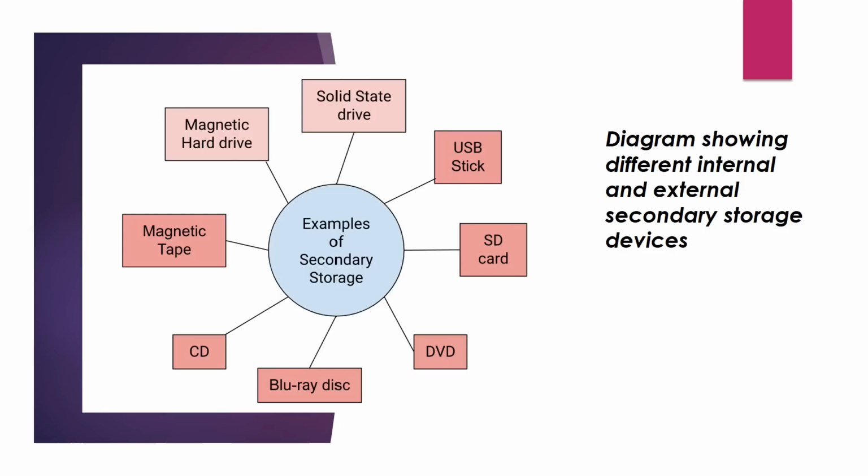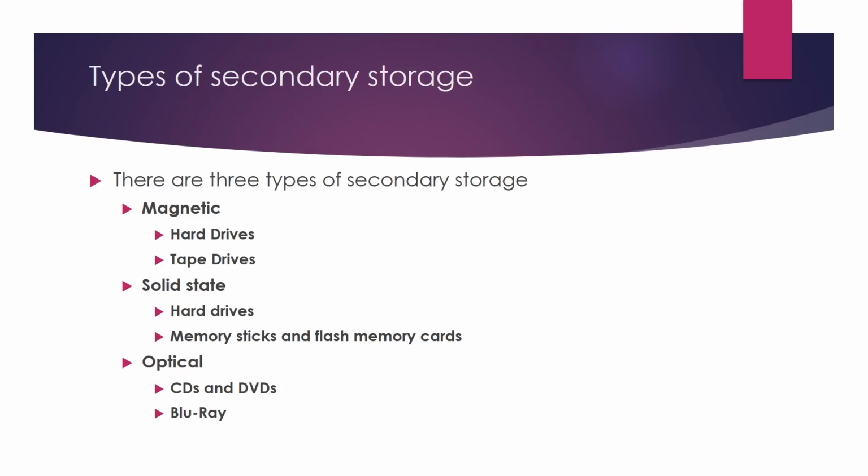So there are different types of secondary storage devices. They may be solid state drives, USB sticks, SD cards, DVDs, Blu-ray discs, CDs, magnetic tape, magnetic hard drives, and many more. I have categorized them into three types.